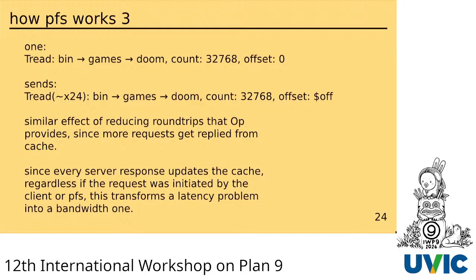And regardless of whether the request was initiated by the client or the proxy, all the server replies are going to update the cache anyway. So this essentially transforms a latency problem into a bandwidth one. And nowadays, bandwidth is pretty cheap and getting larger, so I think it's a pretty good compromise.